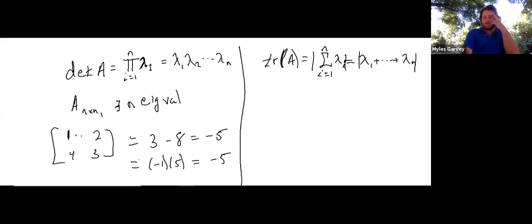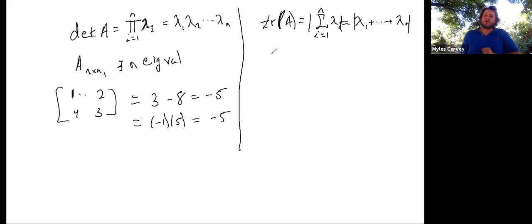I think I have a mistake somewhere, but that's okay. Take the addition of the diagonals and we get 4. Add up the eigenvalues, we get minus 4. So a slight discrepancy. I believe if you add up the absolute value of the diagonals, the values are the same.